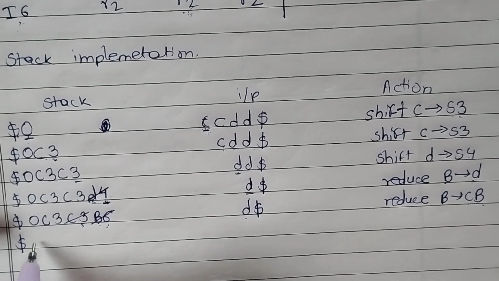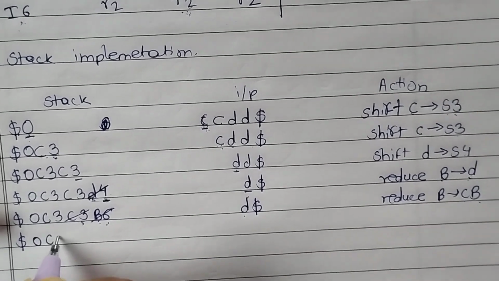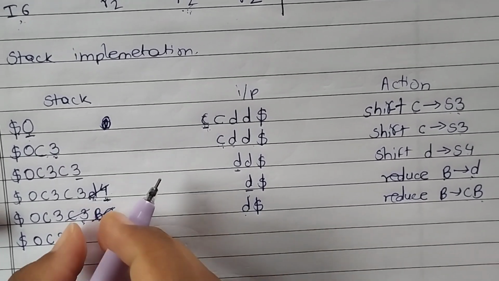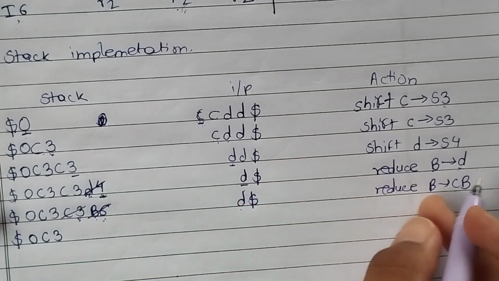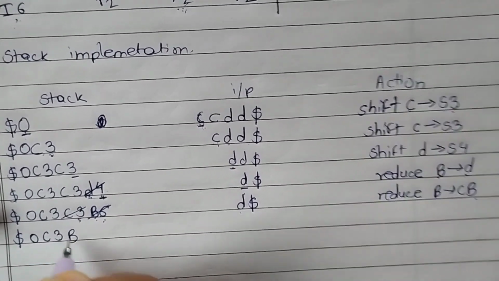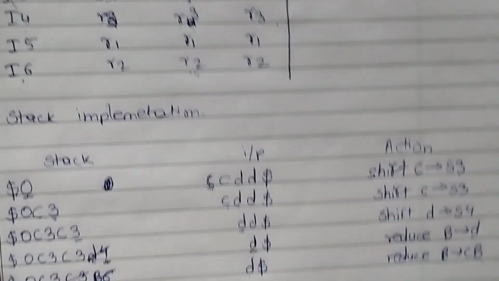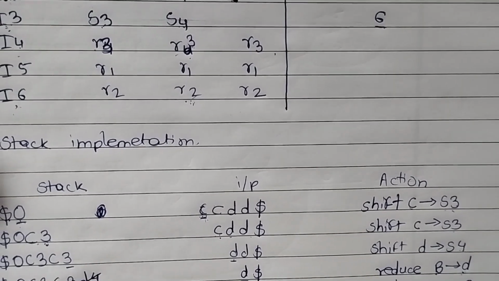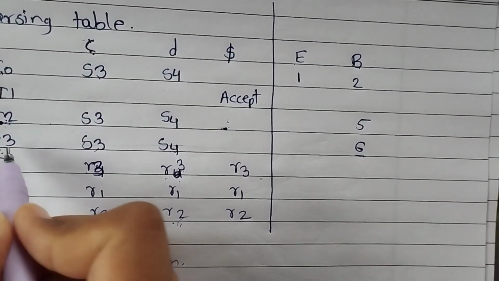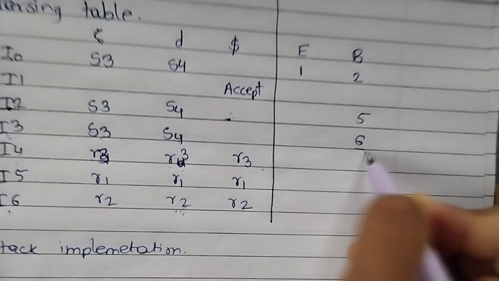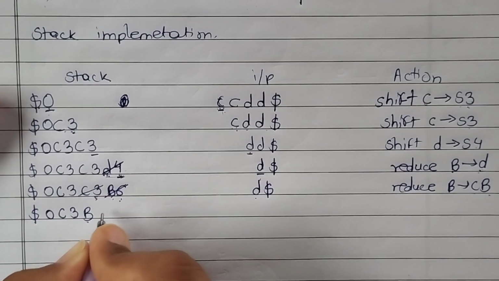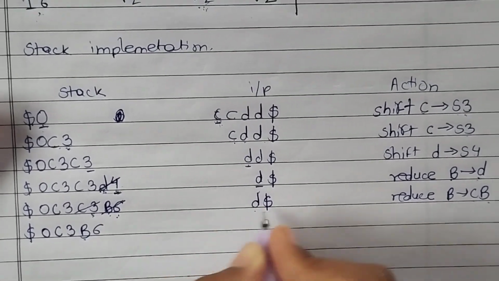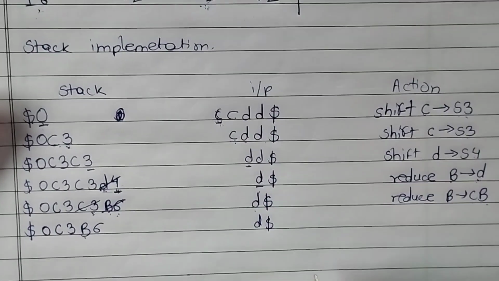Now the next stack is C3, as it is. And now we reduce for the B, so write B. Now this 3 means I3, check for B. I3 check for B is 6.